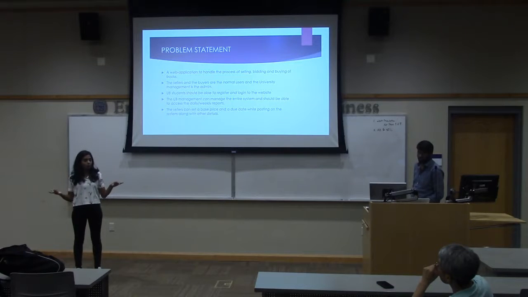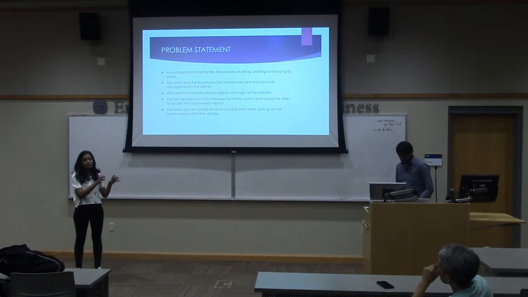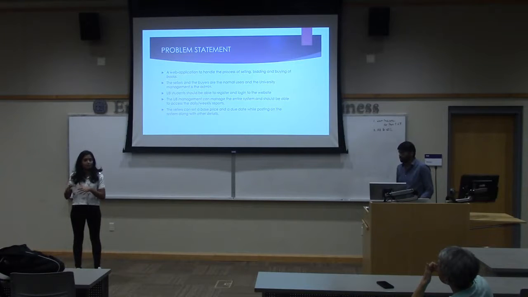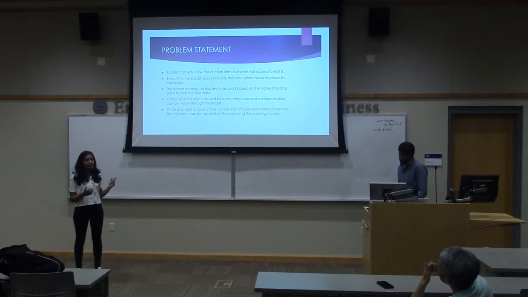The next bidder who views the book can see the new base amount, and if he wants that book for that amount, he could place a bid. Before the due date, whoever has chosen the latest base amount would be considered the winner, and then can choose the payment system, which is offline, and then go ahead with the shipping system.